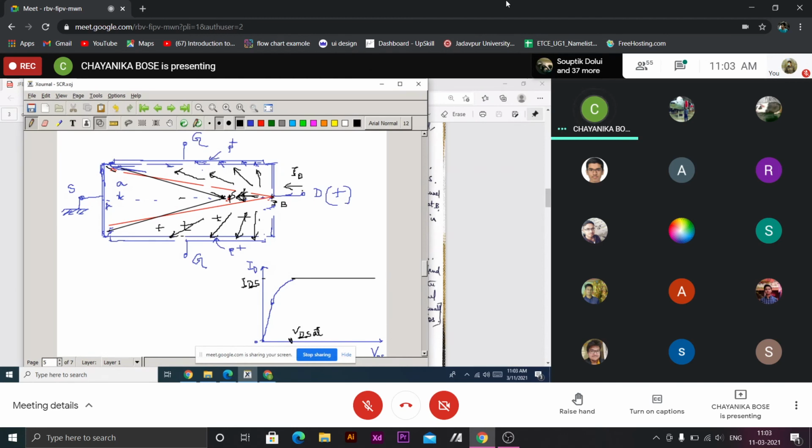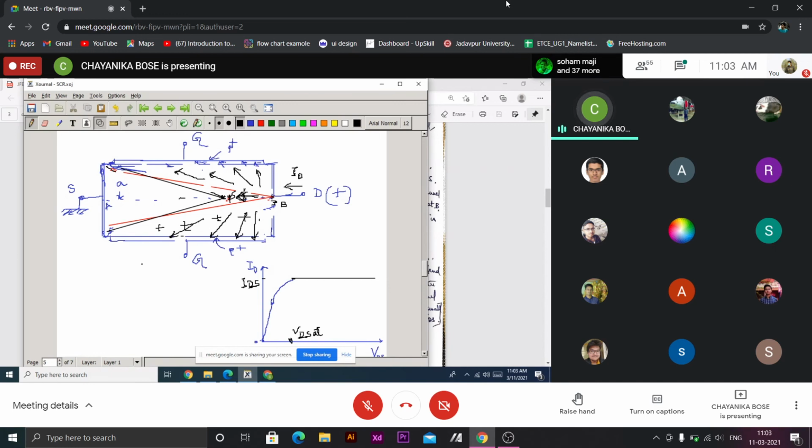That current will depend on the drift of carriers across this. So these carriers, once they enter the depletion region, will be swept by the junction field. So they will not be influenced by this field. Basically, the current will be determined by the carriers drifting across the neutral channel.